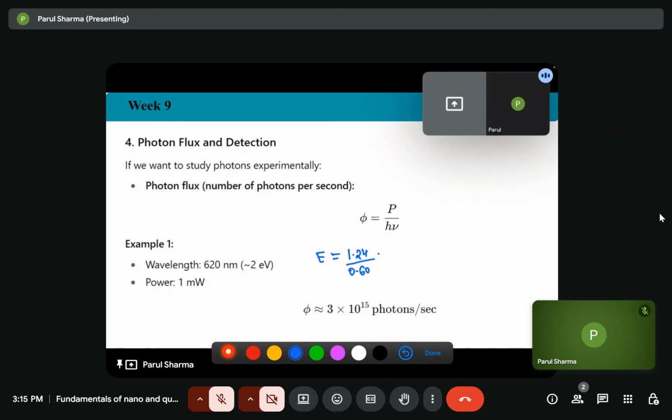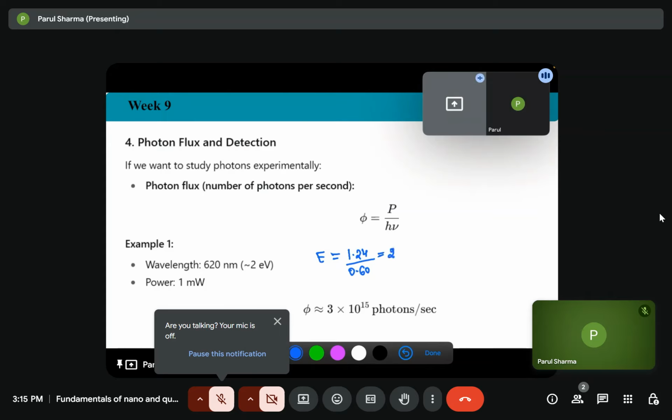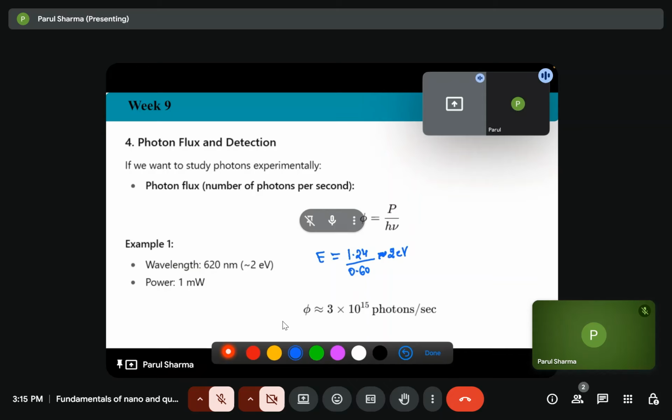That will give us approximately 2 electron volt. And the power of the laser is 1 milliwatt. So here if we want to calculate phi, phi will be equal to P by h nu.